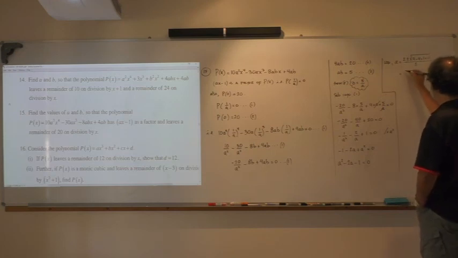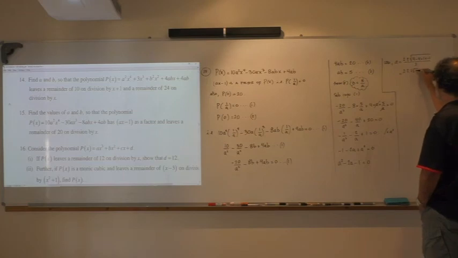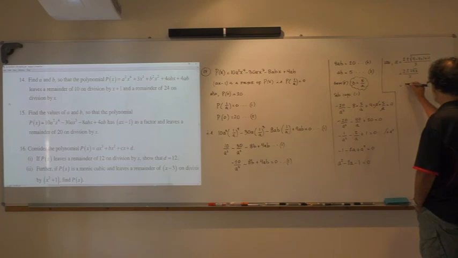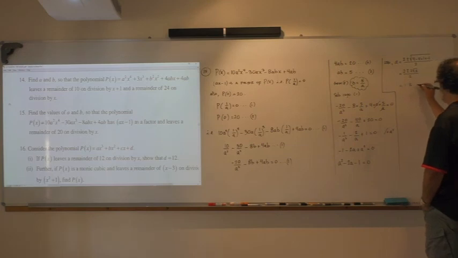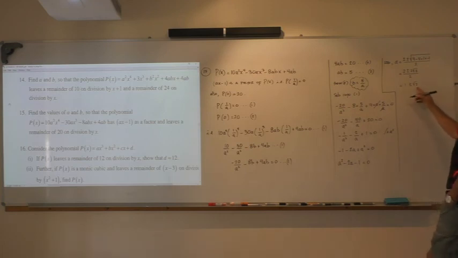That will give you 2 plus or minus, so this is going to be 4 plus 4, so it's going to be 8, and that is equal to 2 root 2 on 2. And that will give you 1 plus or minus square root of 2. So we have two answers for a.